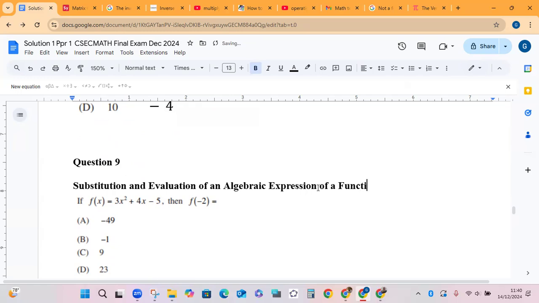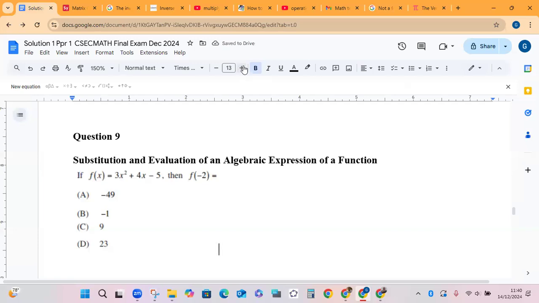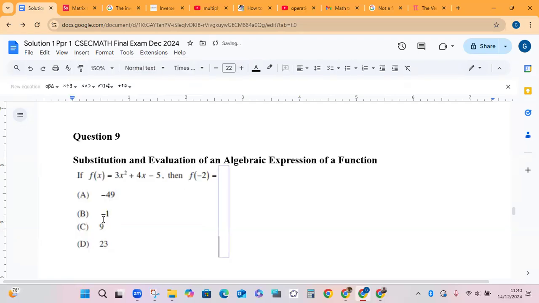So all we need to do is to substitute into the place of x. Now the x number we have there is -2. As you can see, x was replaced by -2. Okay, so basically what we've got to do is always when we see x, we put a bracket.